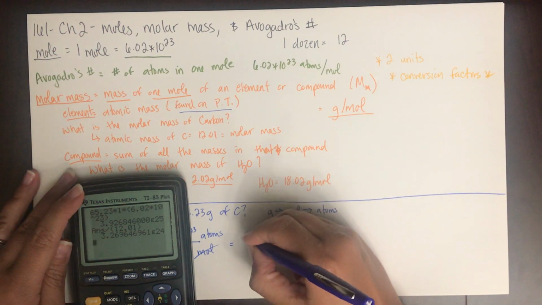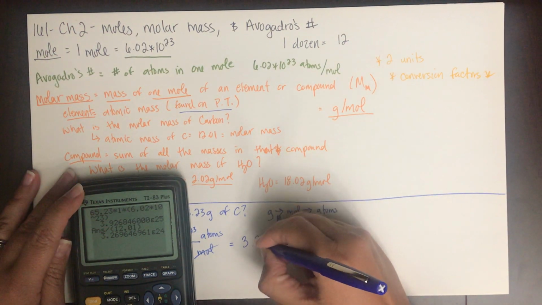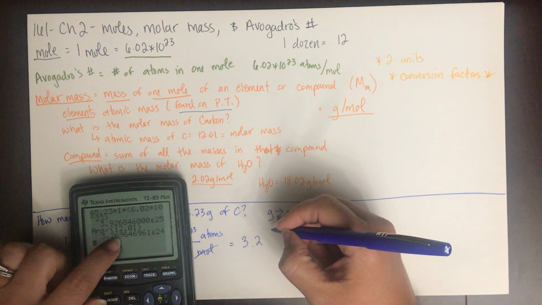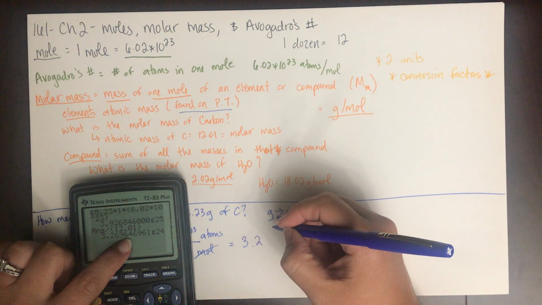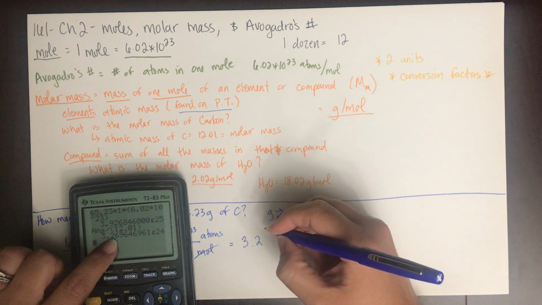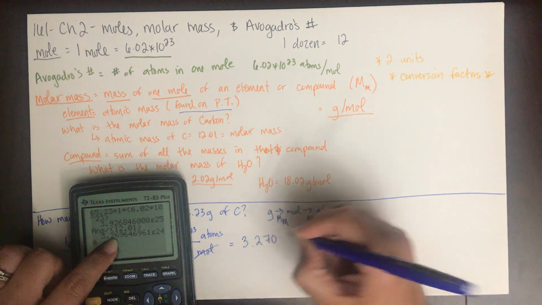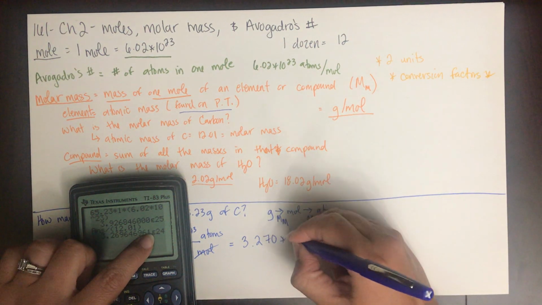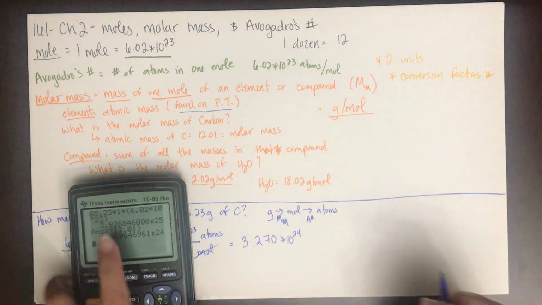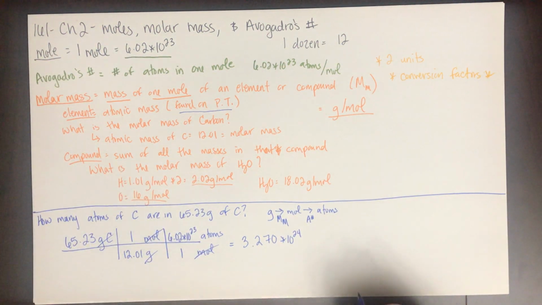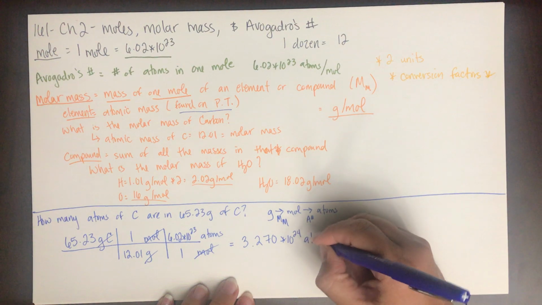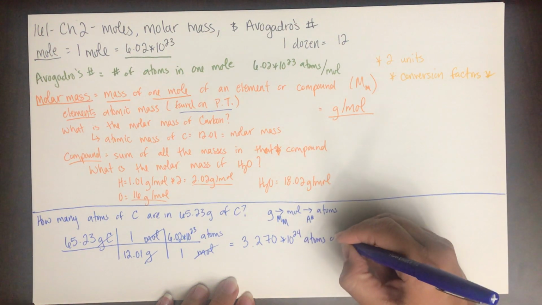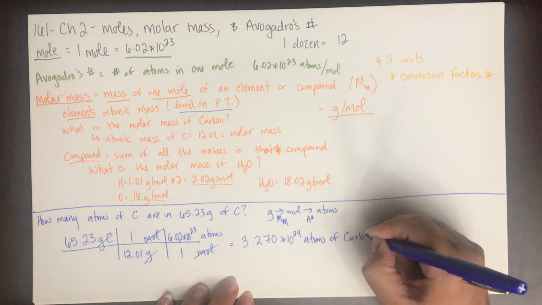So I'm going to say 3.269, and then I would round up. So I'm going to say 3.270 times 10 to the 24th. And again, my unit is atoms, or you could say atoms of carbon.